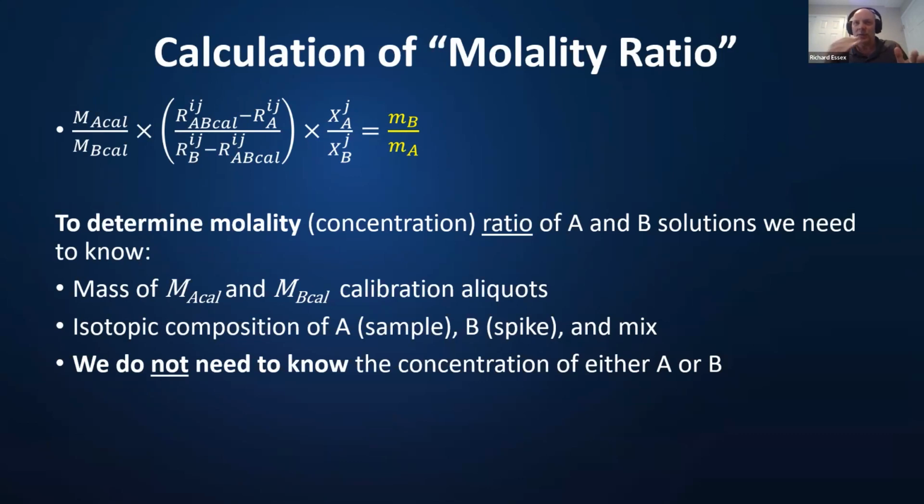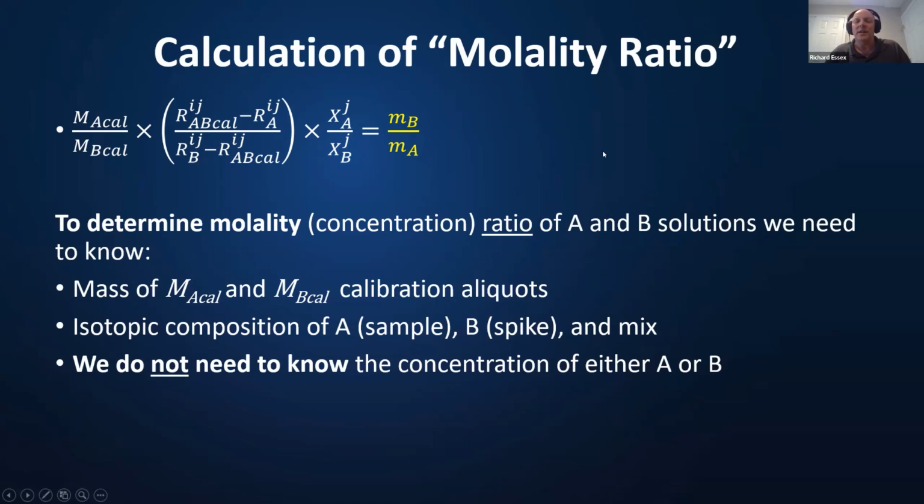Fortunately, since what we're really trying to do is compare, to essentially use the mass spectrometer to get at a mass, we can get around this problem by not necessarily knowing the absolute concentrations of these two materials.